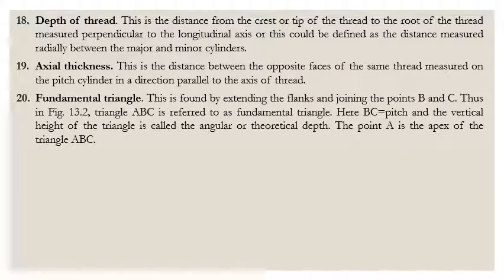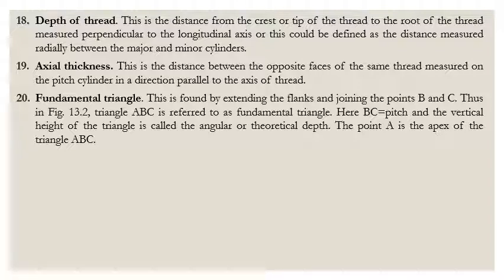Fundamental triangle. This is found by extending the flanks and joining the points B and C. Thus, in the figure which was shown in the earlier slide, triangle ABC can be referred to as a fundamental triangle.